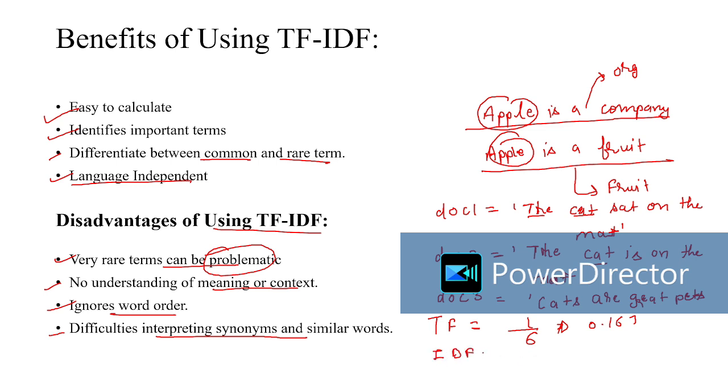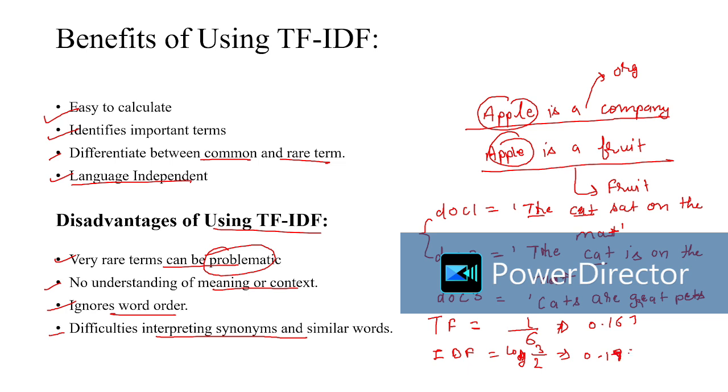If we calculate the IDF value, cat is appearing in two documents, and the total number of documents is three. So this is log 3 by 2, and the value is 0.176.